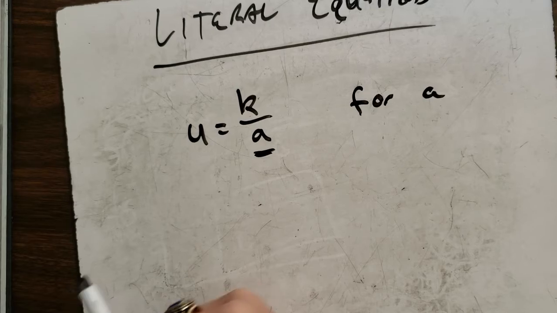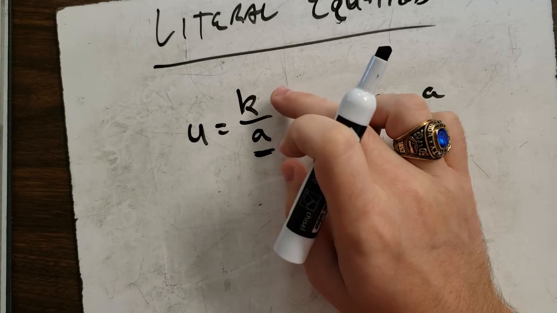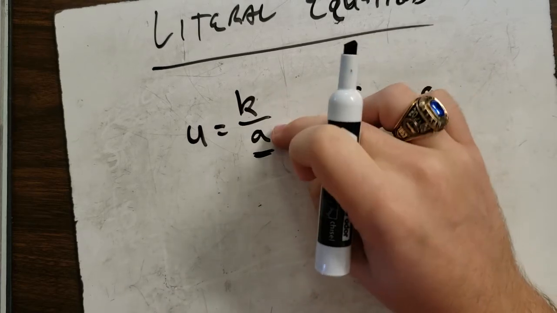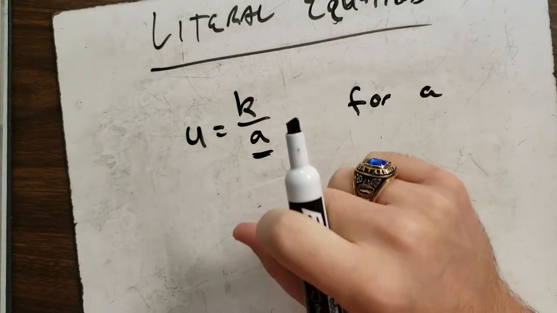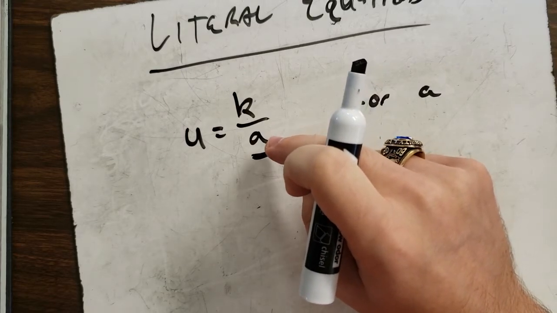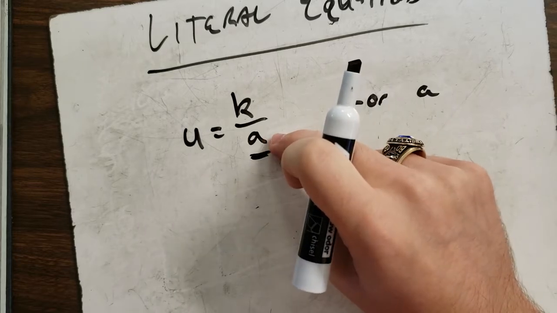Now if we look, our a is on the bottom of this division bar, right? It's k divided by a. So to get a by itself, we have to do the opposite of division, which is to multiply. Now, follow along with me here. When we multiply, we multiply what's on the bottom of the division bar.